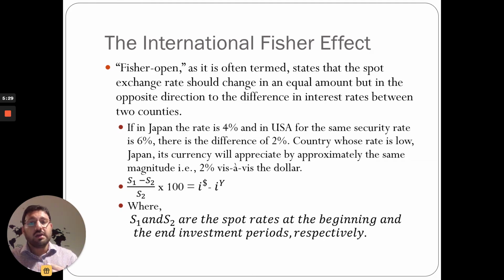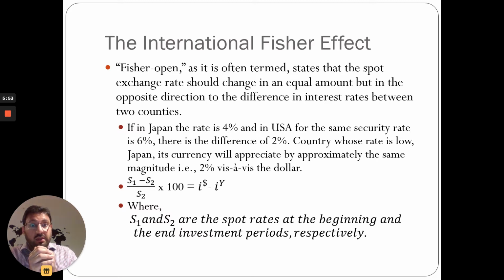So he's getting 2% less by investing in Japan rather than in his home country where it was 6%. So he must be rewarded by appreciation of the Japanese yen, because he's holding the Japanese bond.